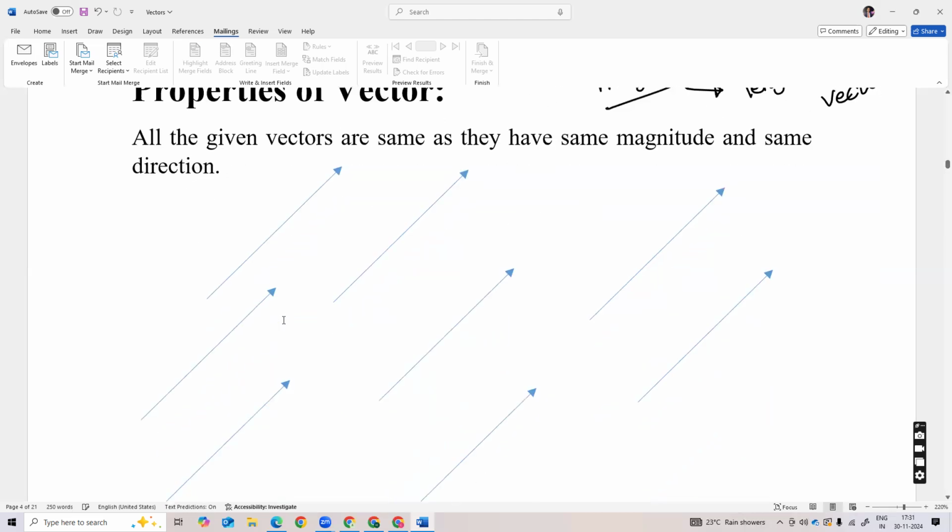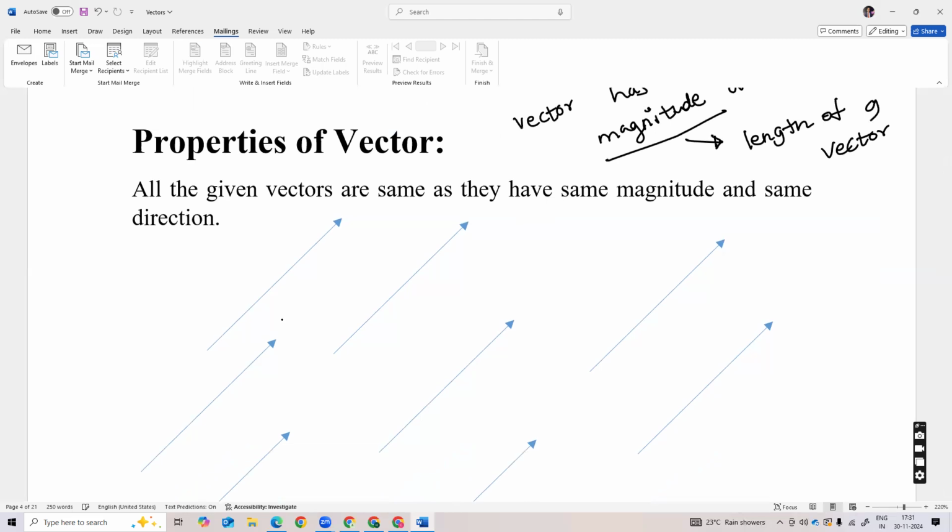Okay, so let's say you have a vector A which is making an angle, let's say theta, with the positive x-axis.